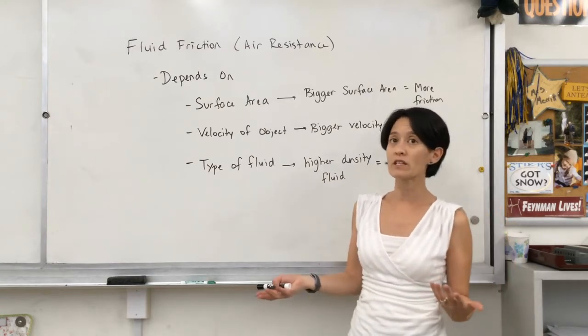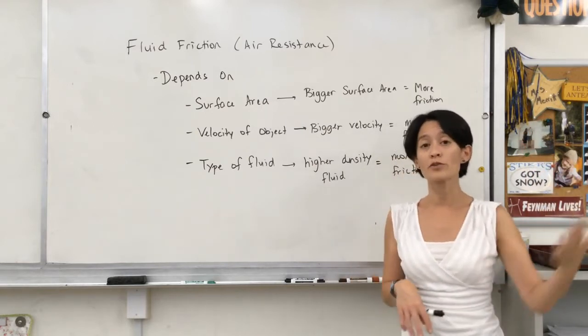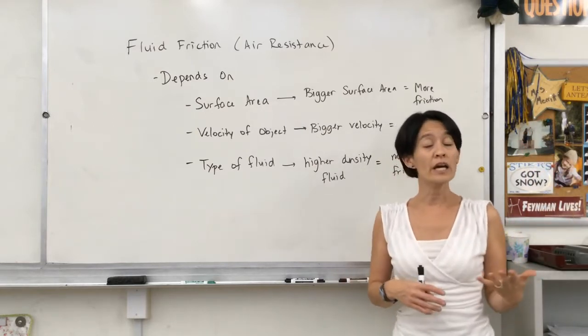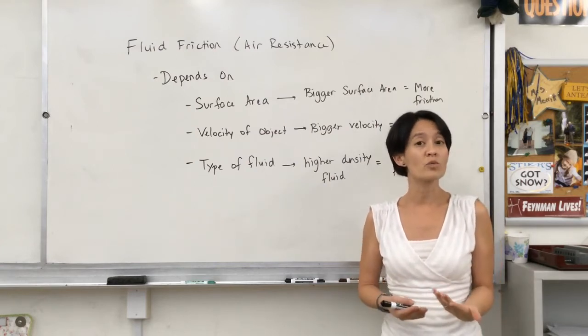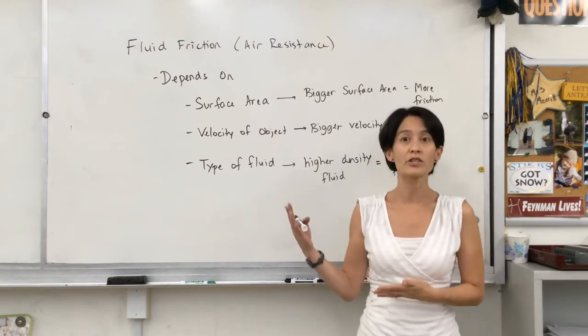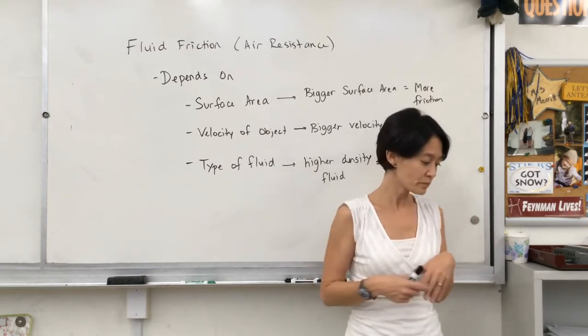This applies even to different densities of air. Higher up in altitude, the air is thinner and less dense, so there's less air resistance. This is one reason airplanes fly at a higher altitude, so they don't encounter as much air resistance.